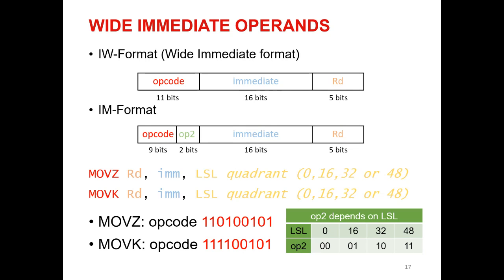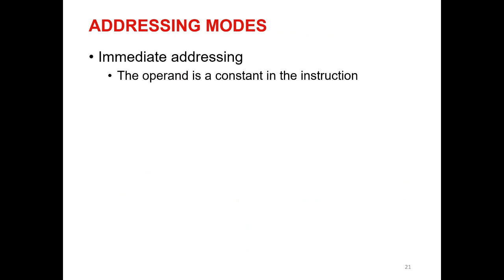Let's move then to the next kind of option. I have mentioned that we had two options. One was wide immediate operands, and I also mentioned that we can use another option which was called addressing modes.